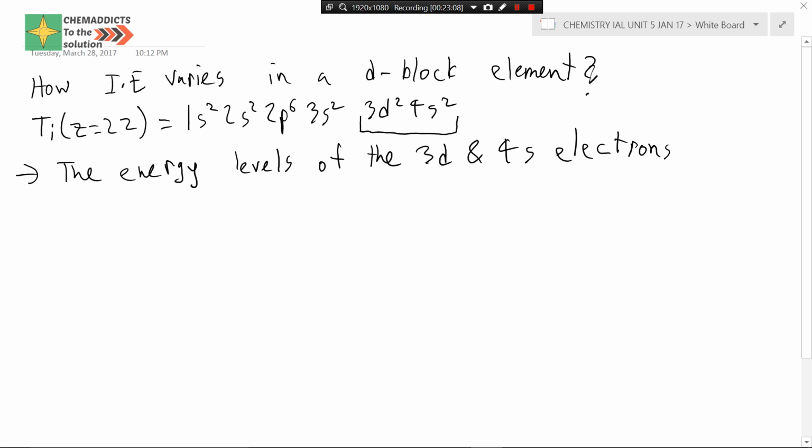For the time being, the energy levels of the 3d and 4s electrons are very similar in d block elements.